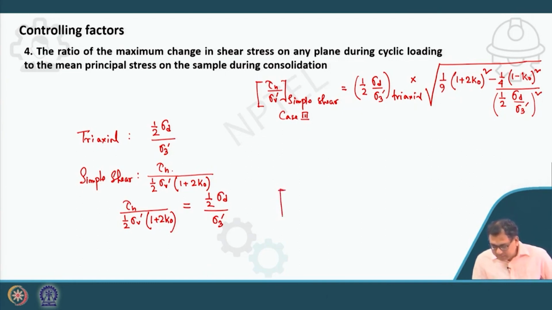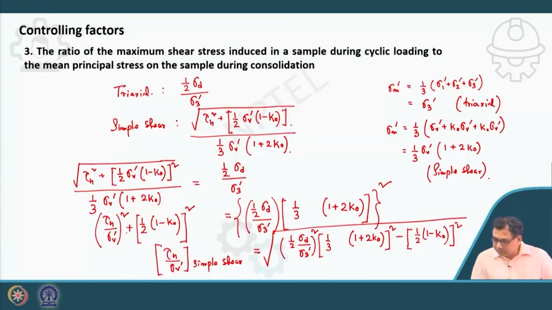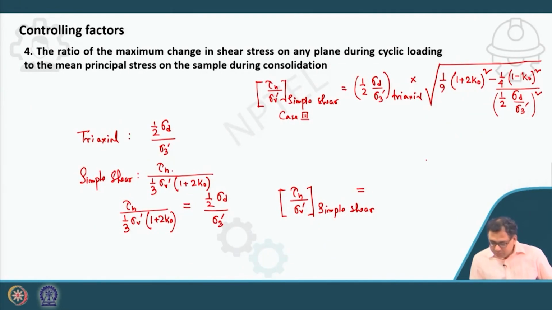So from here I can write that tau h divided by sigma v dash for simple shear is equal to, this will be again 1/3, this is 1/3, so it will be 1/3 (1 plus 2 k0) into half sigma d divided by sigma 3 dash for triaxial.